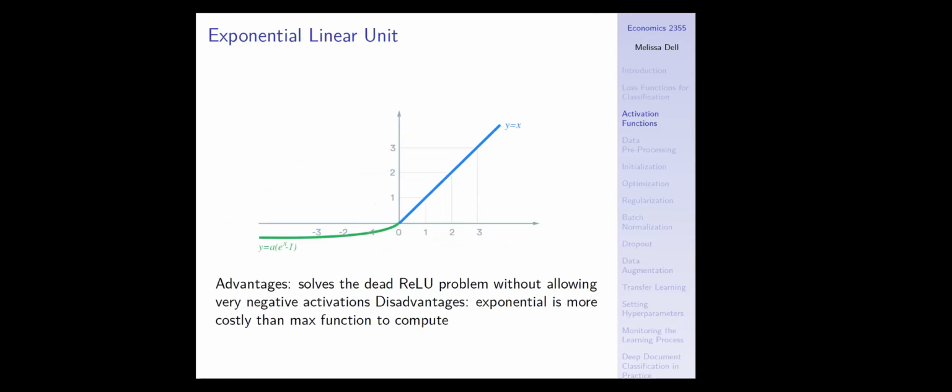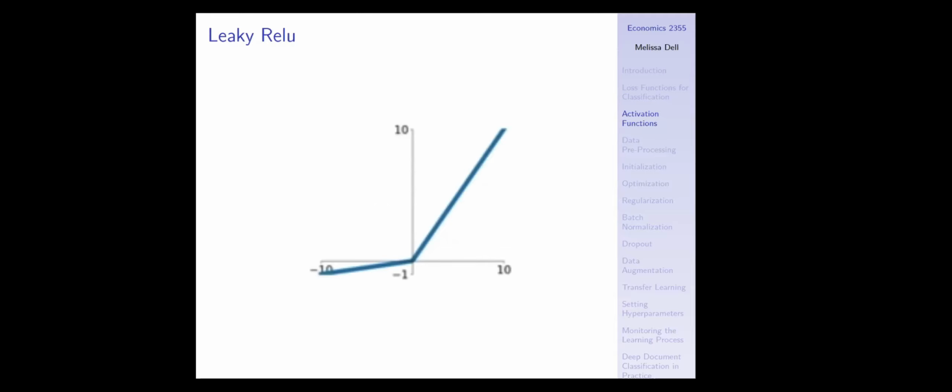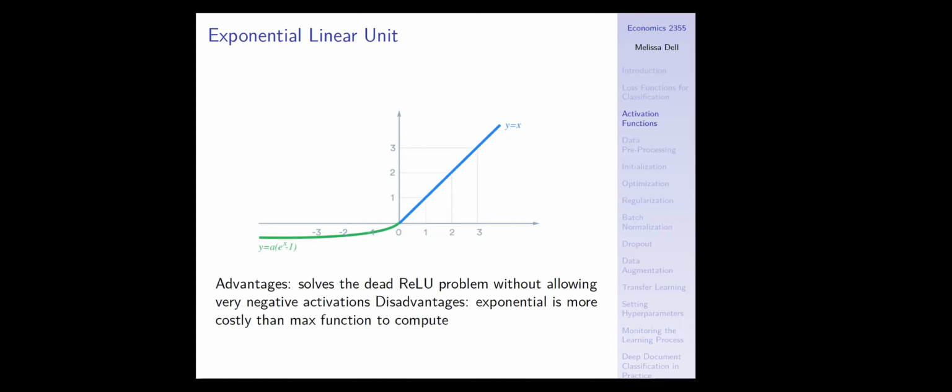And so that solves the dead ReLU problem without allowing very negative activations, which you might get with the leaky ReLU if you go far enough into the negative domain. But the disadvantage of this is that exponential is a lot more costly than the max function to compute. And so in practice, you probably wouldn't use this. As I said, the architectures that we saw last class use a ReLU, but it's good to know that this exists.